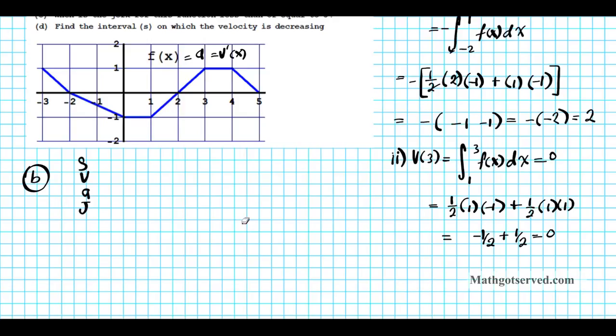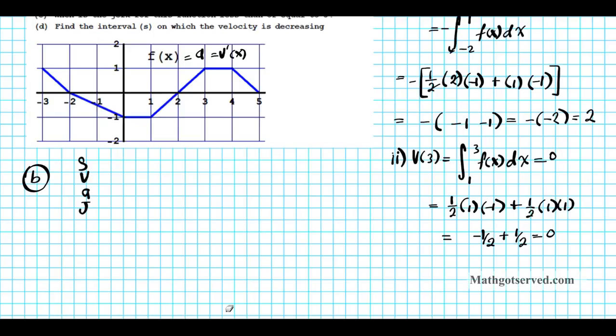To find the max, we want to look for where the function changes from increasing to decreasing. Okay? That's where you have your maximum located. Remember, the sign of f prime tells you the direction of f.